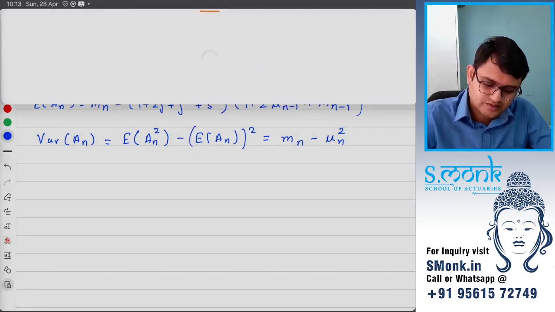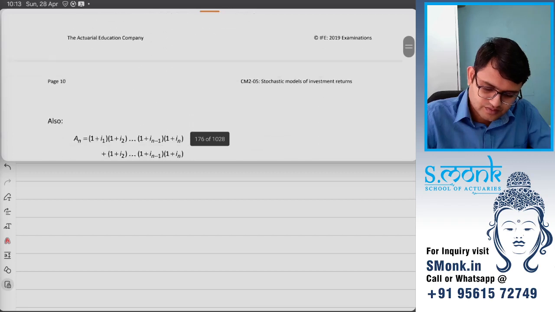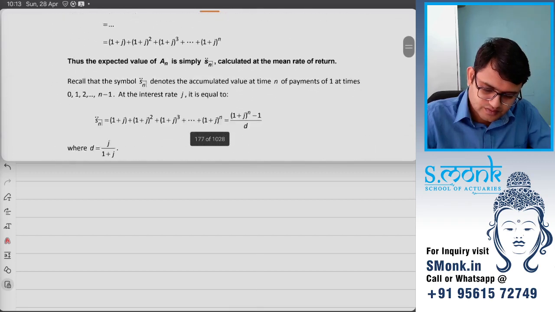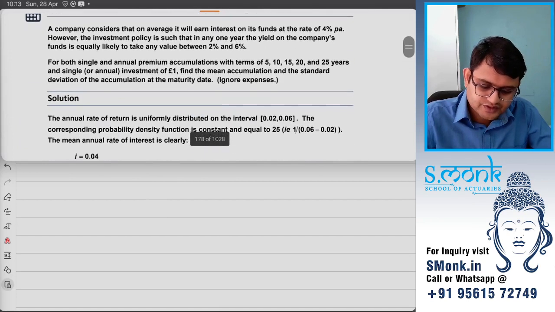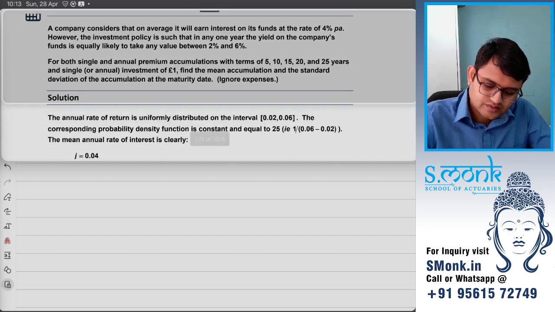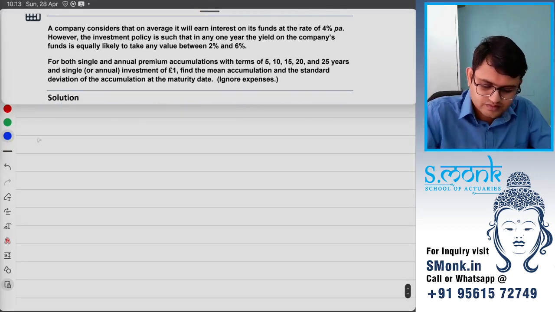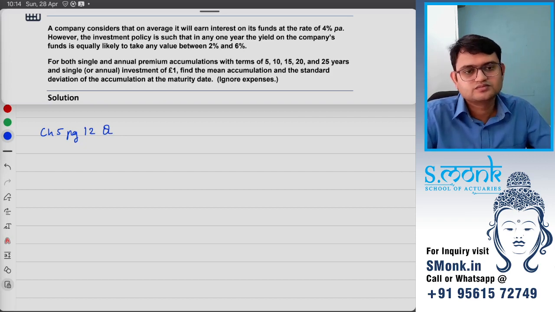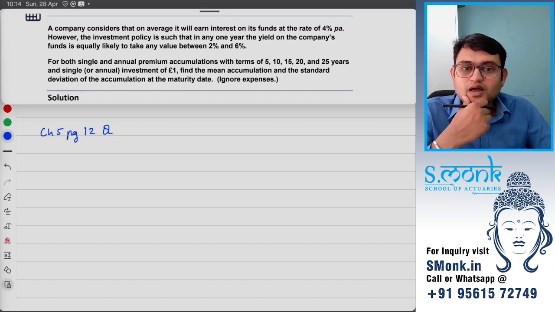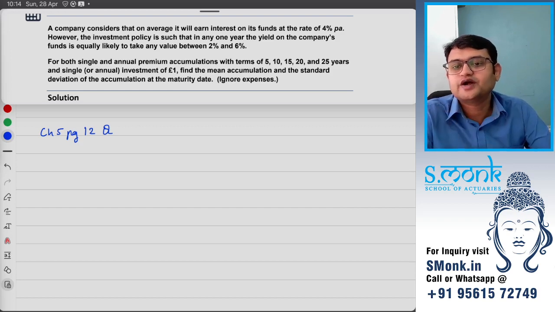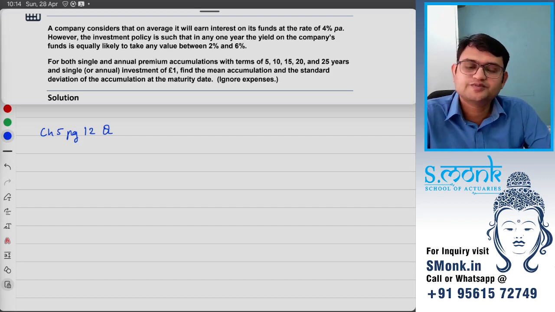Let's see. This is page number 12 question. A company considers that on average it will earn interest on its fund at the rate of 4% per annum.